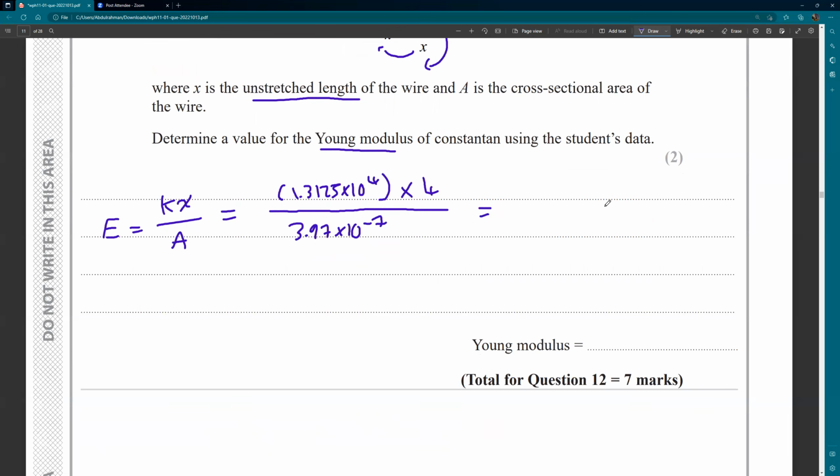Let me see what we get. Yeah, I get 3.3 times 10.